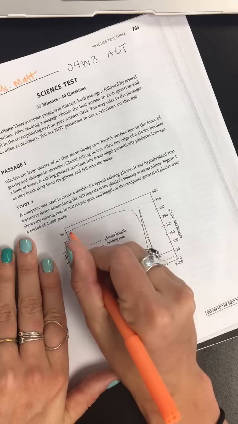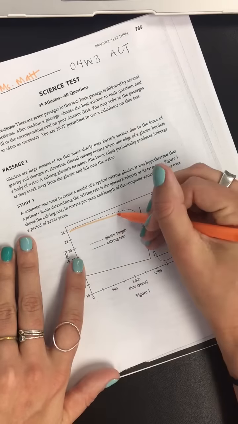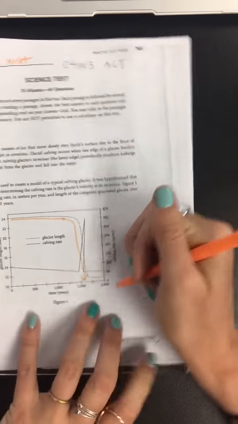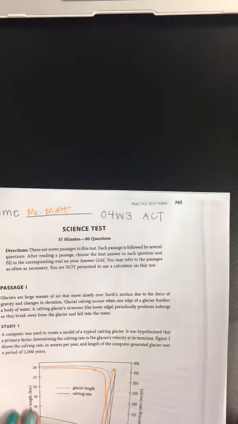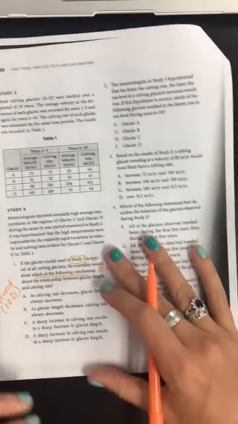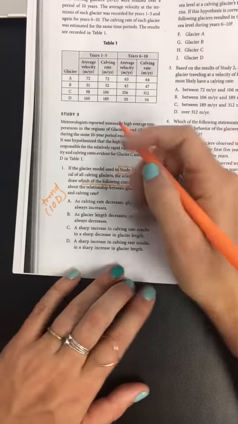So as glacier length, this is kind of a plateau, and then there's a sharp decrease. And when that sharp decrease happens, calving rate has a sharp increase. So, as calving rate decreases, this always increases. We can say no, because glacier length isn't always increasing, especially not here, and that's decreasing. So, we need to look at the sharp increase one.